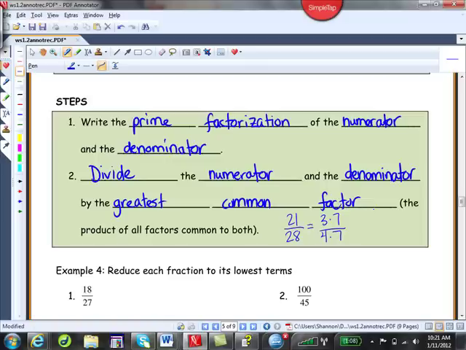So that would yield a result of 3/4, because the 7s would divide out. 7 goes into itself once and you end up with your 3/4.